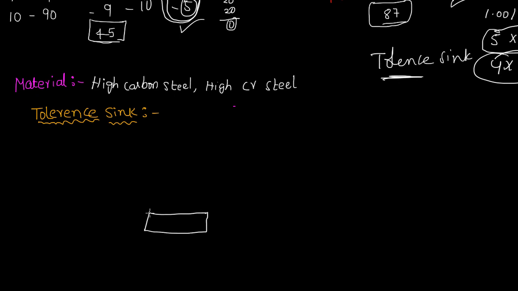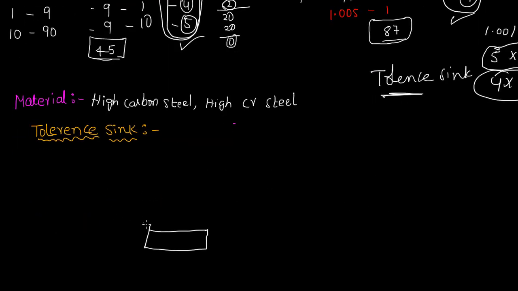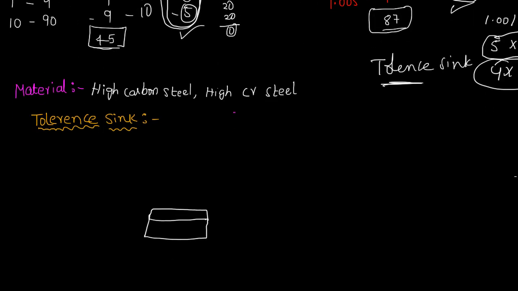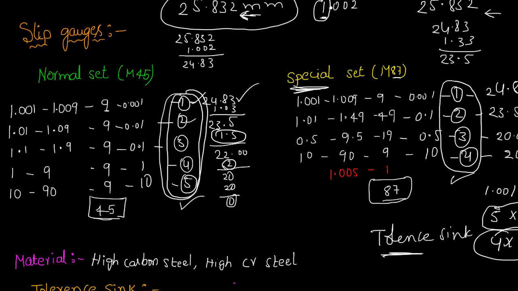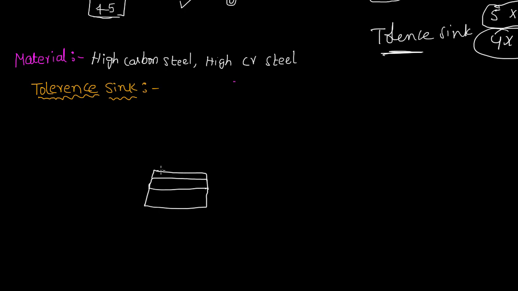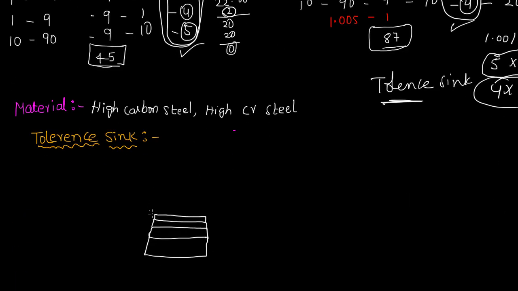gauge, and next how much I am using, it is 2, so a 2 mm slip gauge over it, and over that I am using a 1.5 mm slip gauge here like this, and over that I am using a 1.03 mm slip gauge, very small, and over that I am using 1.002 mm.